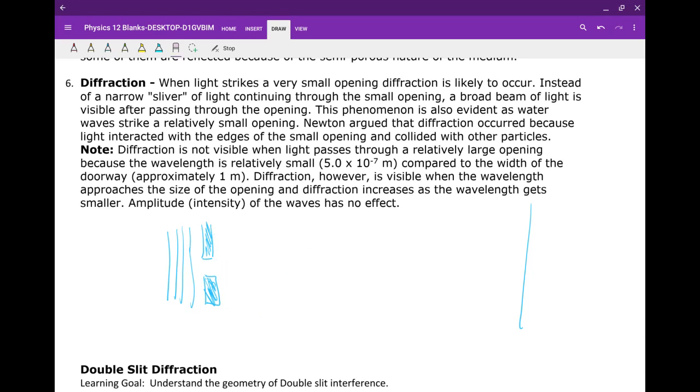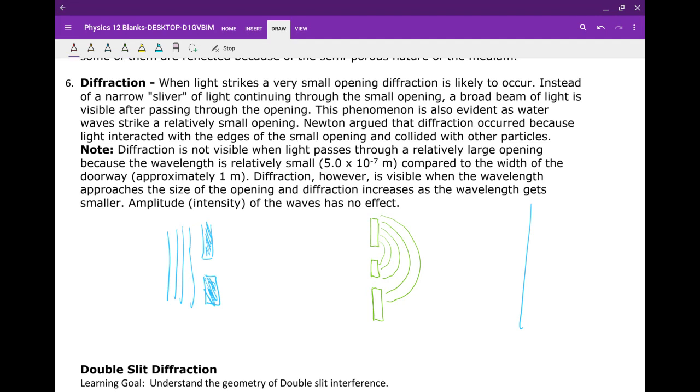Now, the question is, what happens if you've got two of these little slivers, one and two, next to each other? You get wave fronts that come out like this, and I'll make these in different colors.